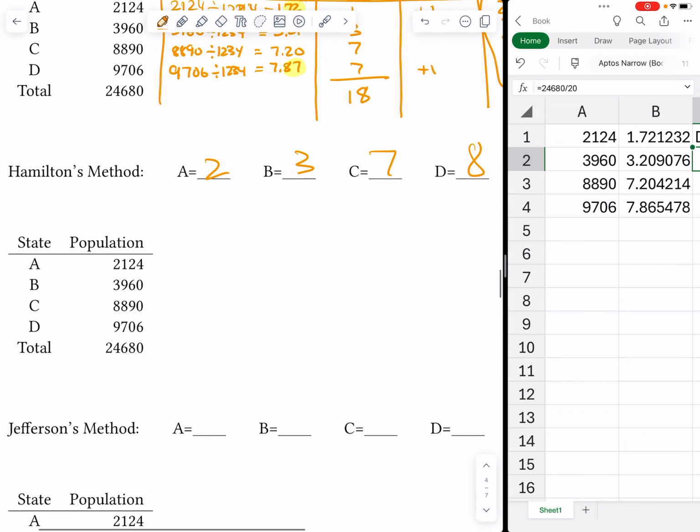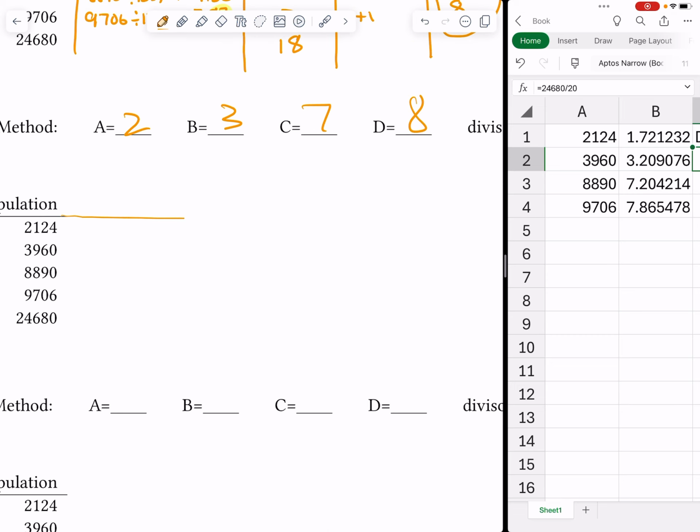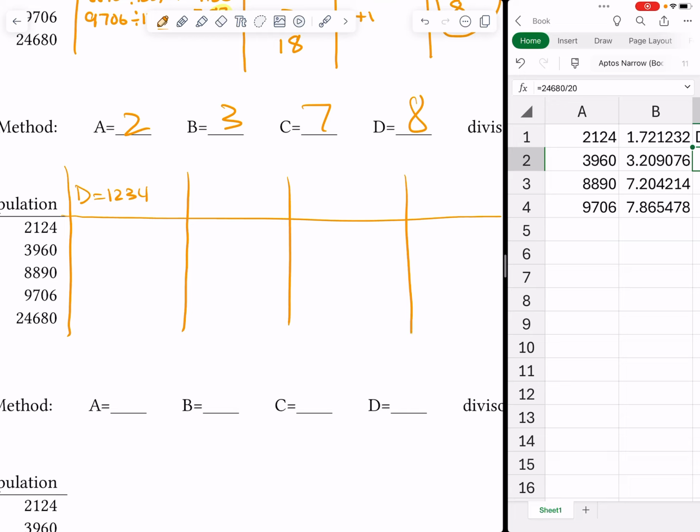So the next one is Jefferson's method. Remember, with Jefferson's method, we always round down. And so what I'll do here is make a series of guesses. Hopefully I won't need any more than that. For a divisor of 1234, we already see over on the right in my spreadsheet, this is 1.7, which is rounded down to 1.